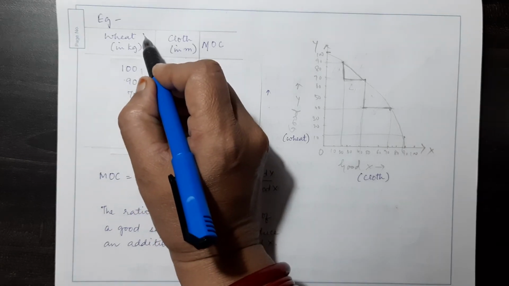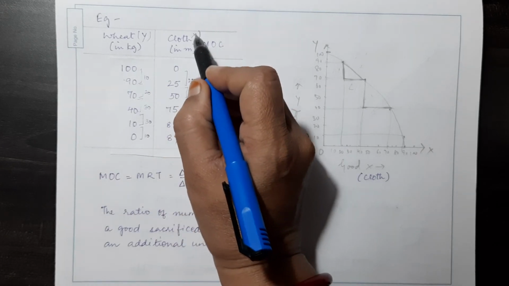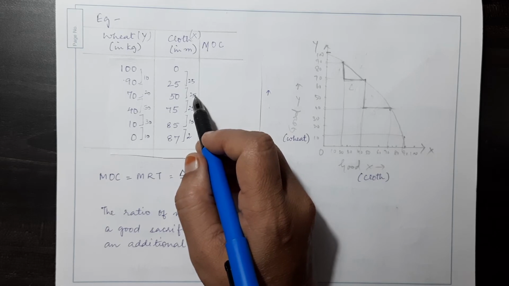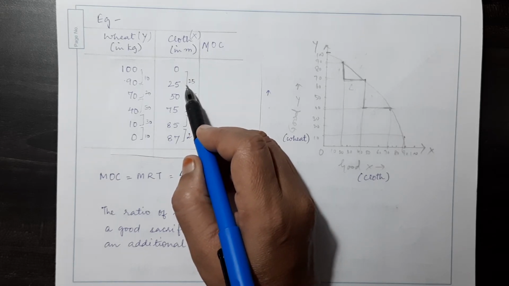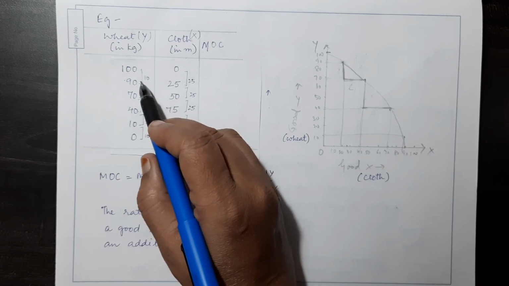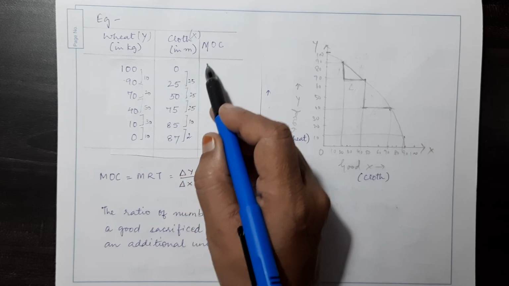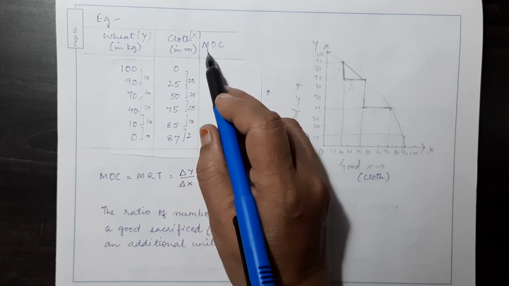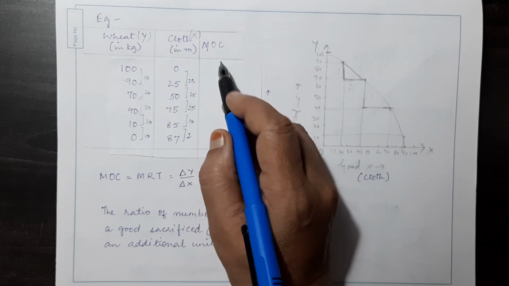Let us call this wheat Y because we are foregoing this, and X is cloth because we are increasing the production of cloth. Now, to produce an additional unit of X, we are foregoing certain units of Y. So this additional unit will be called marginal cost, or here in this case, marginal opportunity cost. How is it calculated?